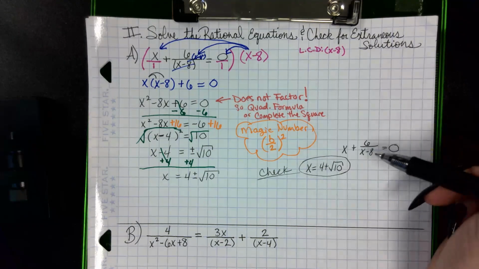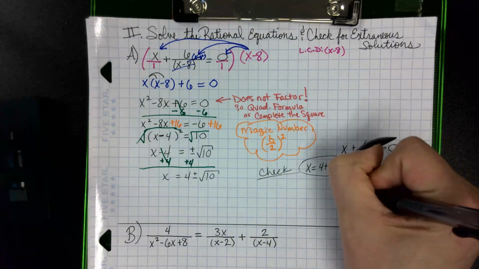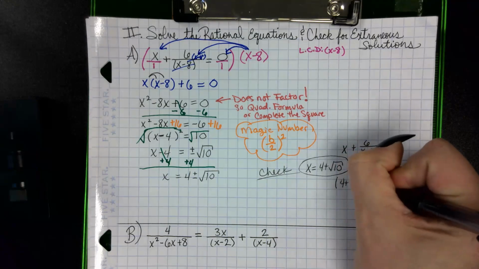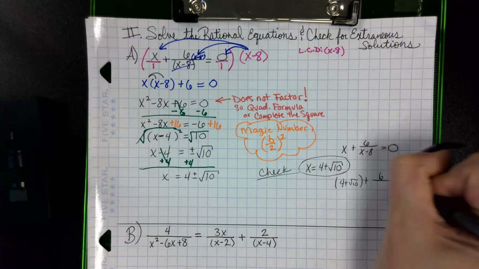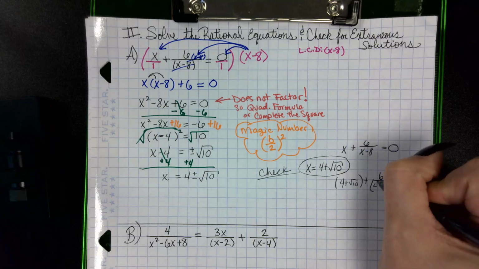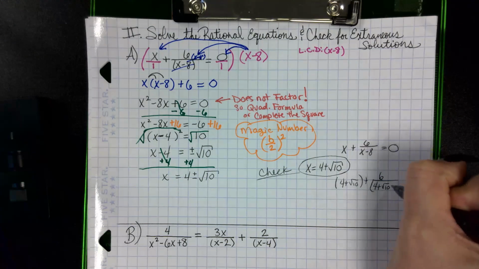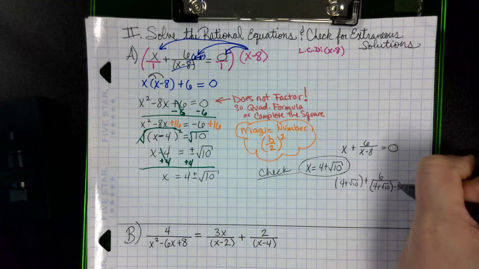Everywhere there's an x, I'm plugging in 4 plus square root 10. So it's parentheses 4 plus square root 10 plus 6 over an x, so parentheses 4 plus the square root of 10, close the parentheses, minus 8 is still in the denominator.